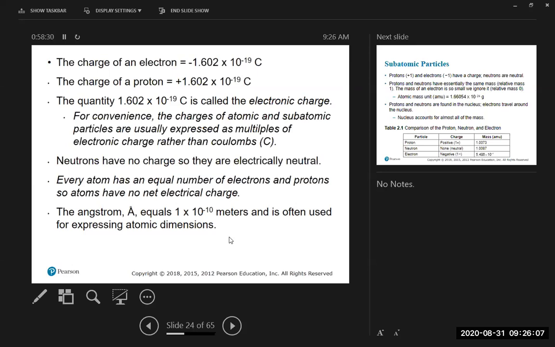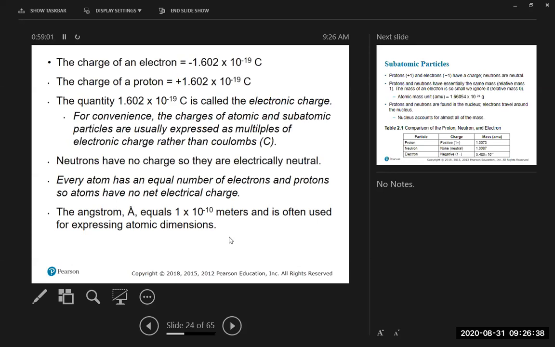Neutrons are neutral, so there's no charge with those. Electrons are negative, protons are positive, neutrons have no charge. Every atom has an equal number of electrons and protons so that the atom has a net 0 electrical charge. So if you have five protons, you're going to have 5 electrons, so that you have a net 0.